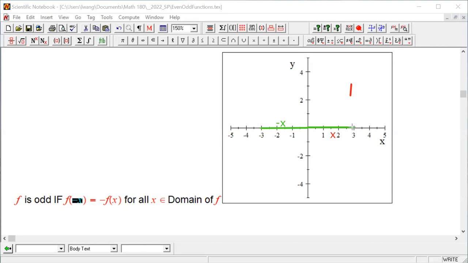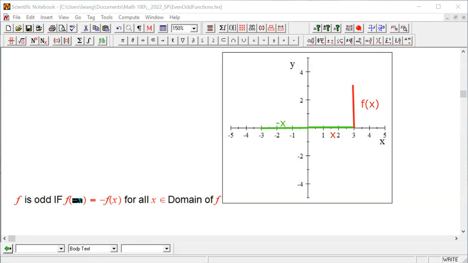Suppose this is f of X. It's a little bit off, so let me make sure it is on the dot. This is f of X. I'm going to mark it as f of X.